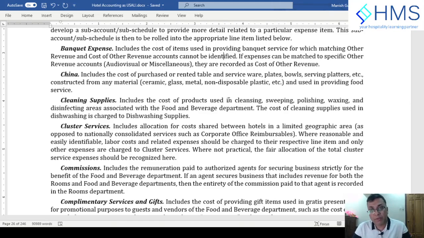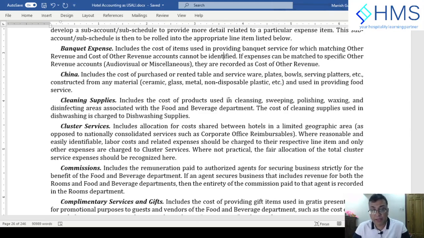Then you have commission. Commission is usually paid to the authorized agents or to the person who is bringing business to the F&B department. There may be agents to whom you pay a commission, let's say 5% commission or $2 commission per cover per guest for a function, for a birthday party, for a wedding party. Those commissions are recorded here.